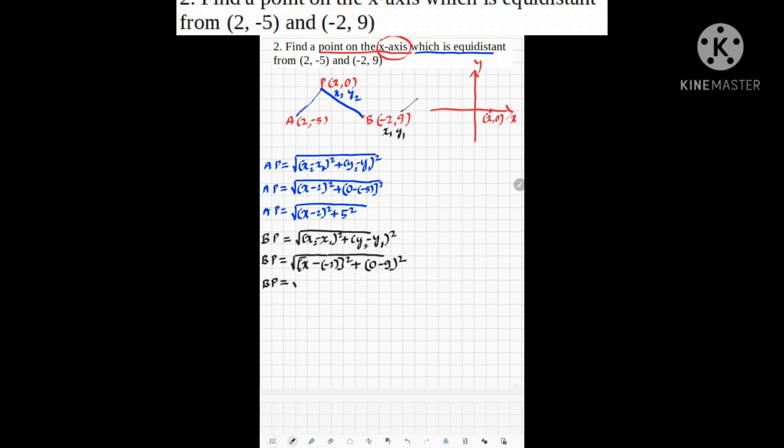BP is equal to the square root of (x plus 2) whole square plus (minus 9) whole square.